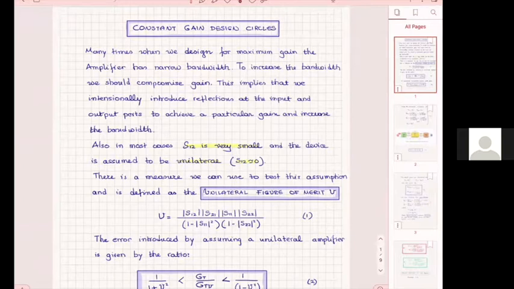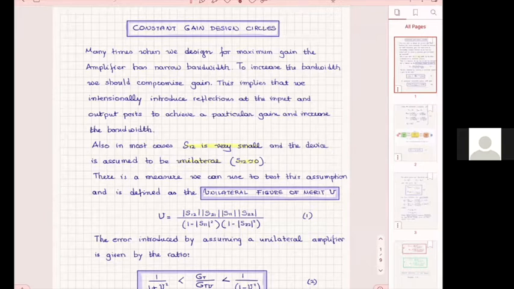Or in other words, if your gamma L circles and gamma S circles are outside of the Smith chart and they never intersect, then for whatever values of gamma S and gamma L, these transistors can never become amplifiers with the biasing that they have. So somebody will have to change the bias.